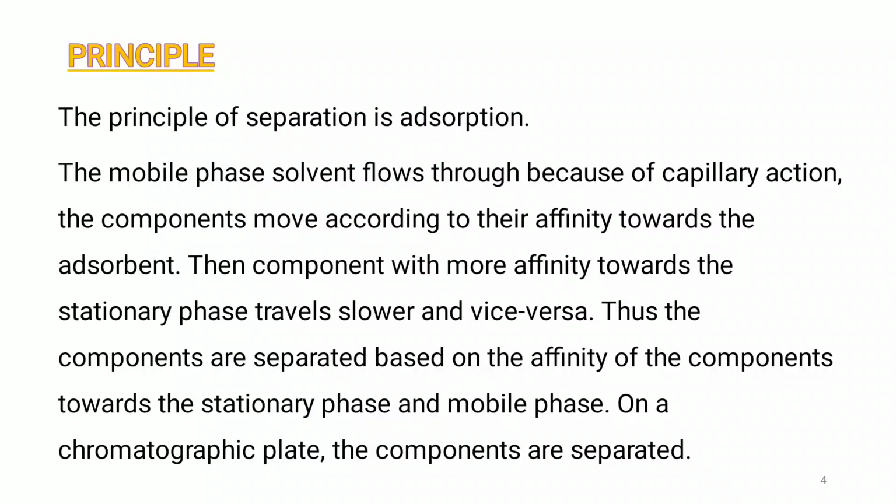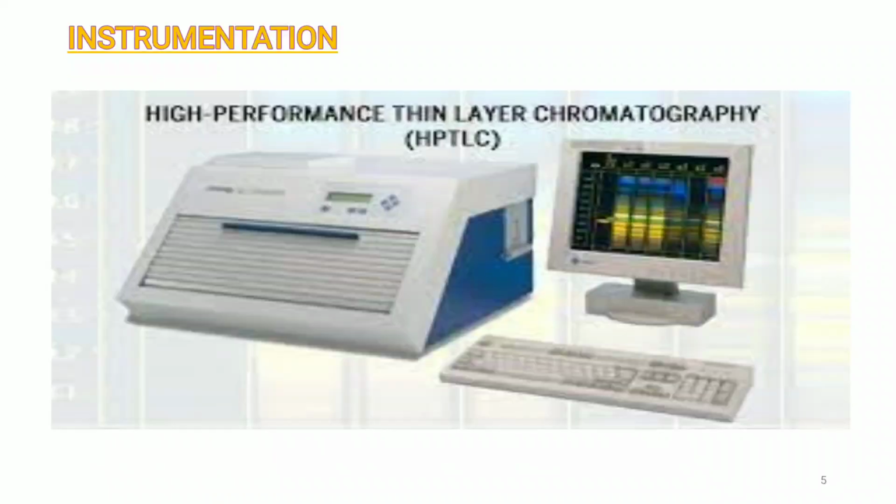By using the above principle, HPTLC is used for the identification of constituents, identification and determination of impurities, and quantitative determination of active substances. Now we see the different components of HPTLC and their role in separation.